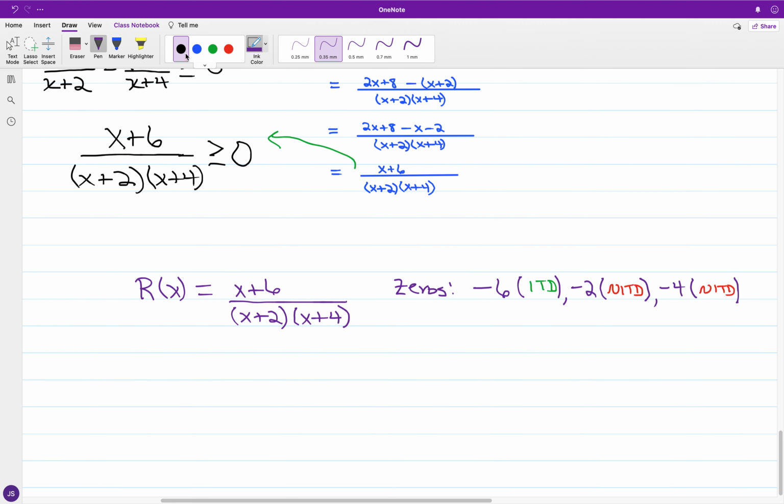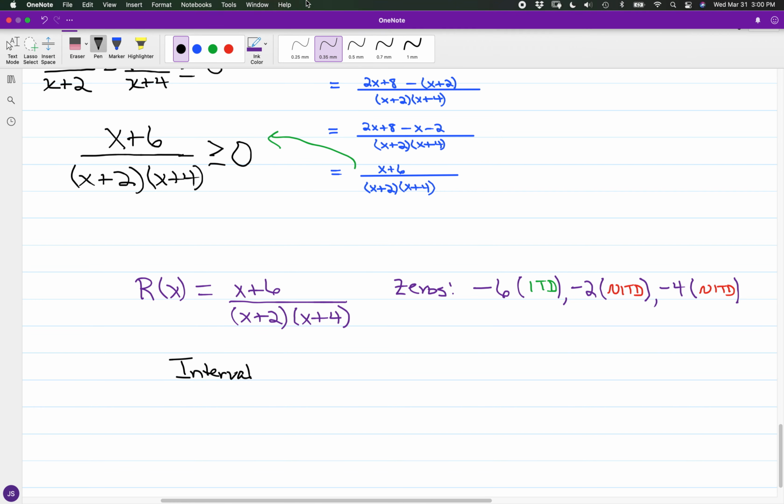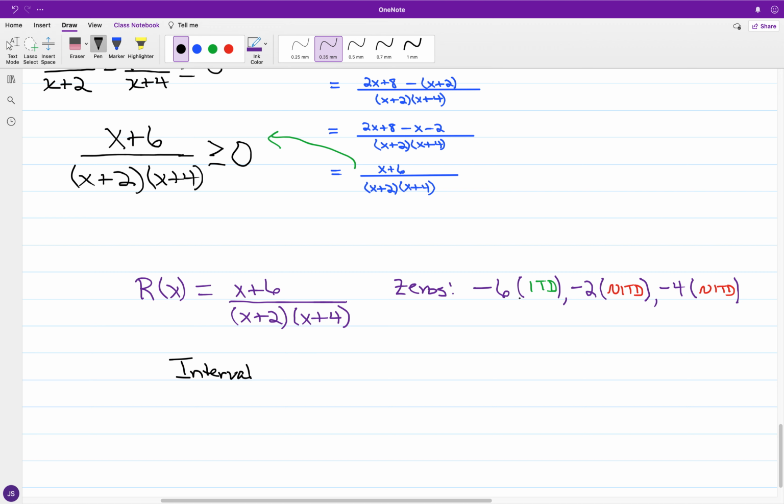And just looking at setting up our table of intervals. Starting out of the trio, negative 6 is the smallest amount.